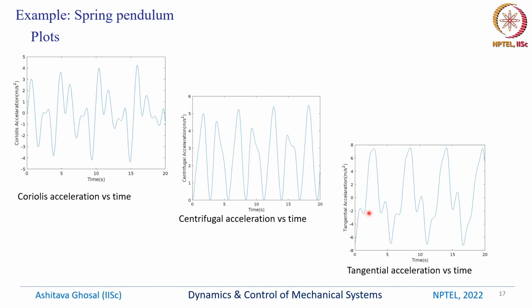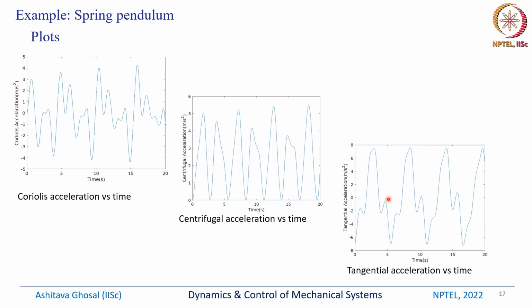And the tangential acceleration, which is theta double dot, looks like this. So what you can see is this Coriolis acceleration is maybe slightly smaller. The tangential acceleration is probably the largest. Of course, this is because we have chosen some k, m, r, and so on. If it is some other values, maybe these plots could look different.